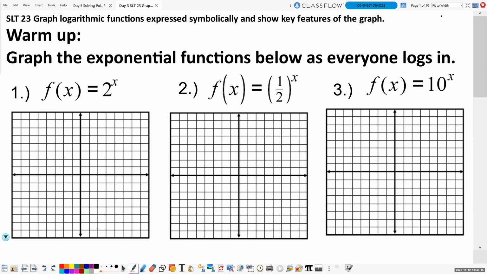I'm going to give you another 2 minutes or so to get these functions graphed. You did have the announcement yesterday, and I sent it out. I think I sent it even Monday. That this was a lesson that it's helpful to have printed. If you don't have it printed, that's okay, but just be aware that I'm probably not going to wait for you to write down absolutely everything.